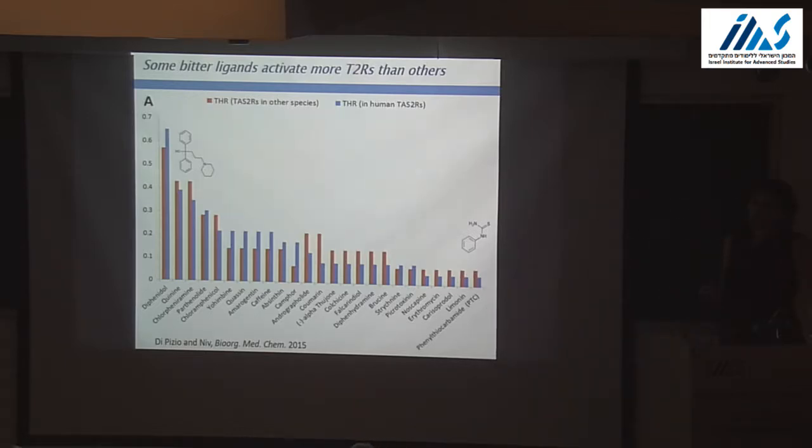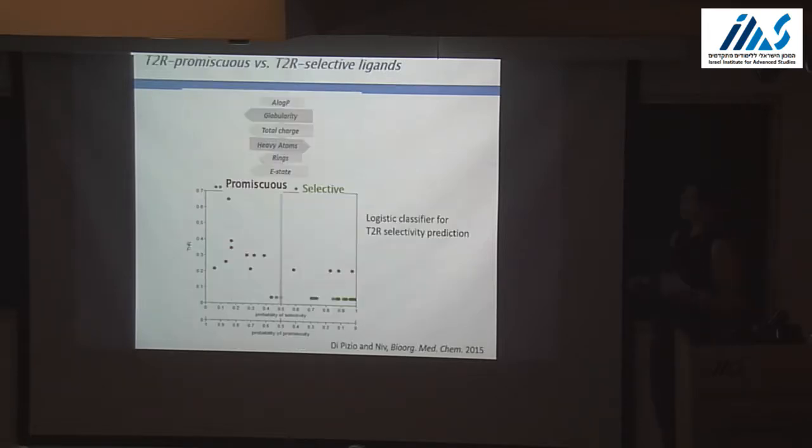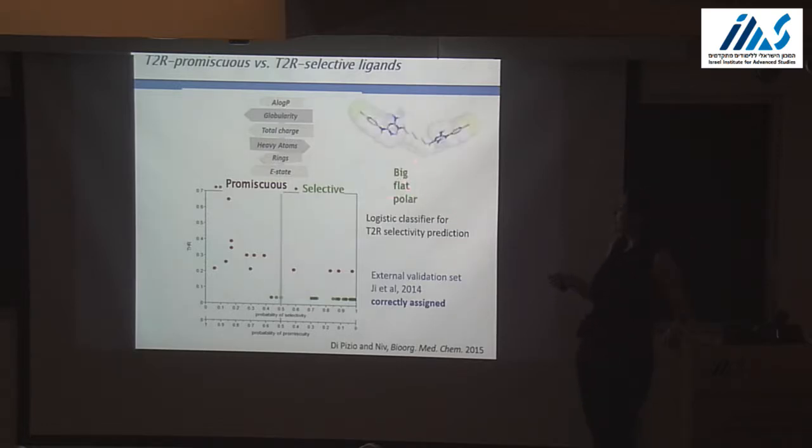So we wanted to know, first of all, if there are particular physicochemical properties of molecules that are promiscuous versus those that are selective. And indeed, we were able to find such physicochemical descriptors, and we found that big, flat, and polar molecules tend to be selective, so they activate just one T2R receptor, while small, globular, and hydrophobic molecules tend to be more promiscuous.